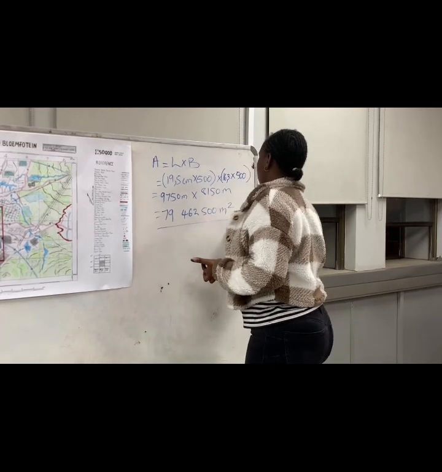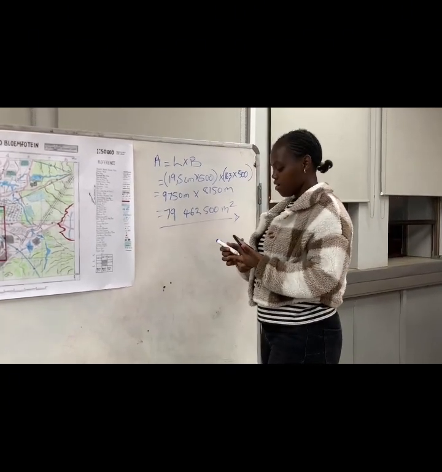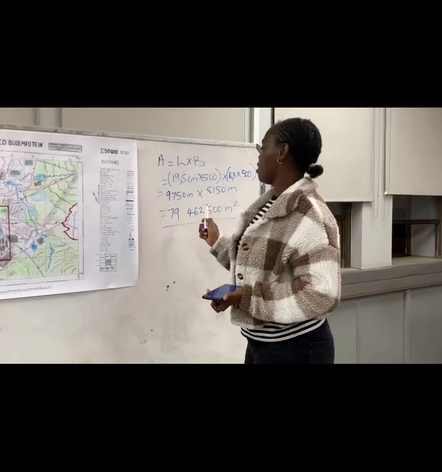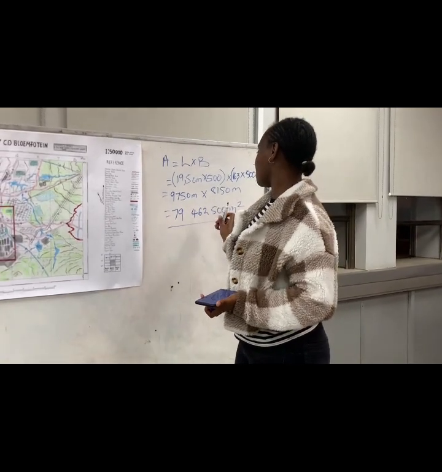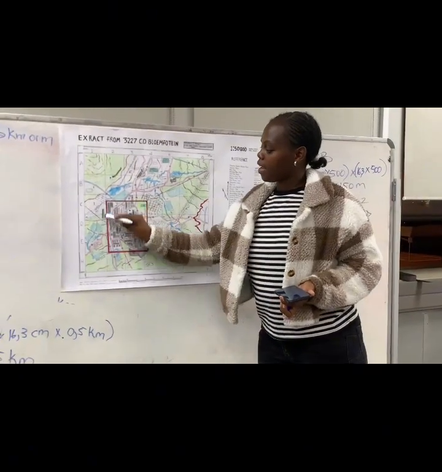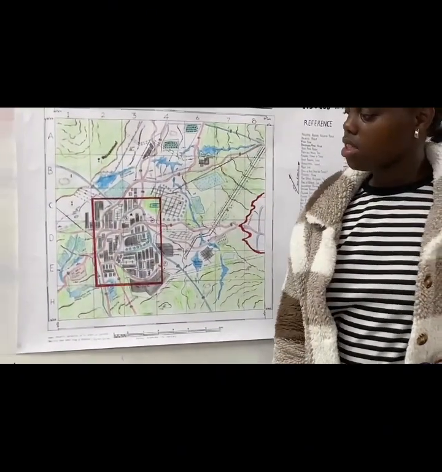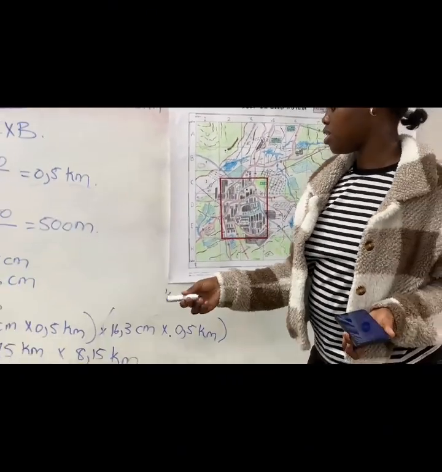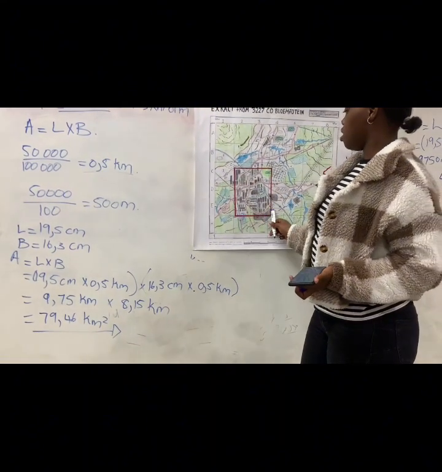This is our final answer. So the area in meters is 79,462,500 meters squared in this area. In kilometers, it is 79.46 kilometers squared in this area.